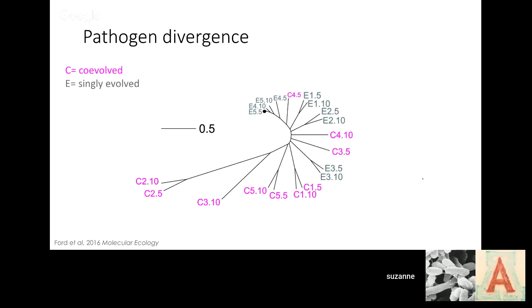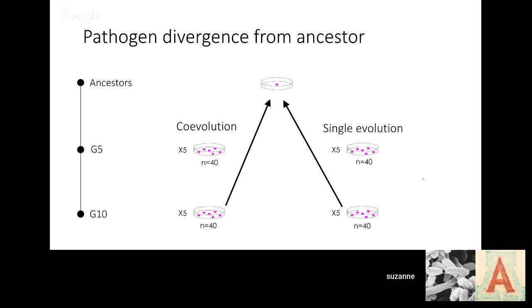But of course, we wanted to put some actual statistics on that. So we pulled out the pairwise genetic distances from the matrix, and performed statistical analyses on this. So just to break it down, we first looked at the level of pathogen divergence from the ancestor.